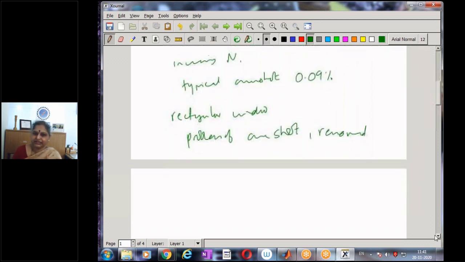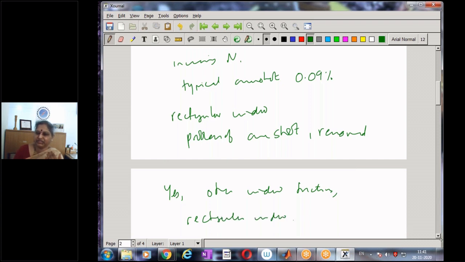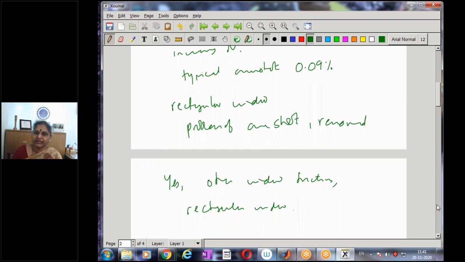The answer to this question is yes, and we need to use other window functions instead of the rectangular window function. This is something we shall see in the next class. This problem of overshoot not decreasing even with an increase in n in the frequency response of the designed filter is known as the Gibbs phenomenon.